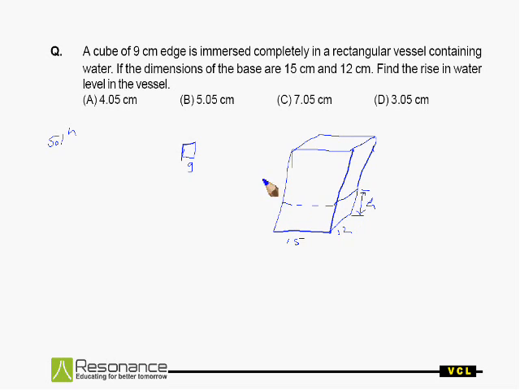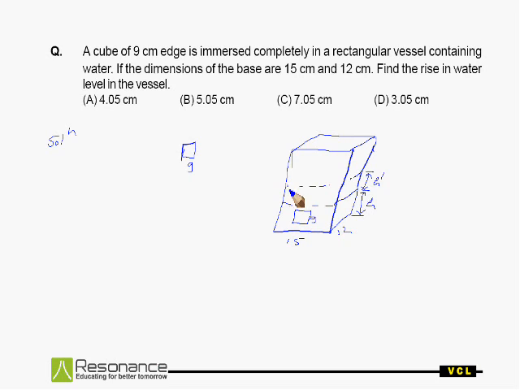Now when we immerse this cube in this rectangular tank, it will occupy some space in this tank. So because of that, the water level rises. Let's say the water level rises up to this height, and the difference between these two levels of height is denoted by h dash.